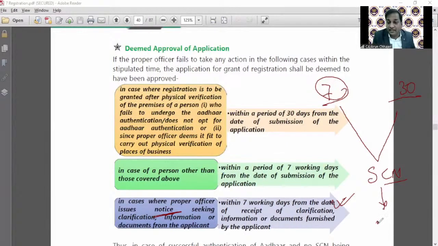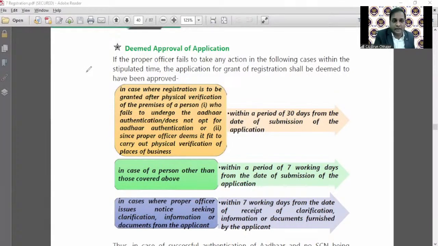Once I give the clarification, then within 7 days from the receipt of the clarification by the applicant, if the officer has not accepted, it will be deemed to be accepted.